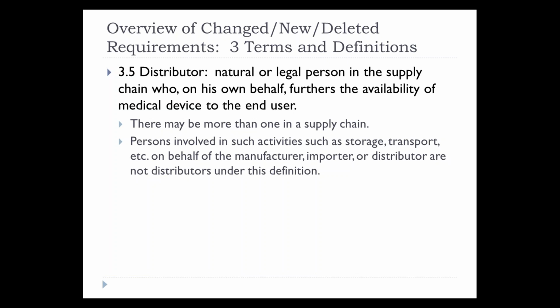It's perfectly appropriate for there to be more than one in the supply chain. And it's also important to understand that people involved in storage, transport activities on behalf of the manufacturer, importer, or distributor are not distributors under this definition.